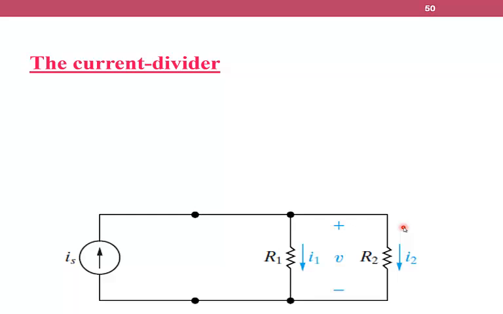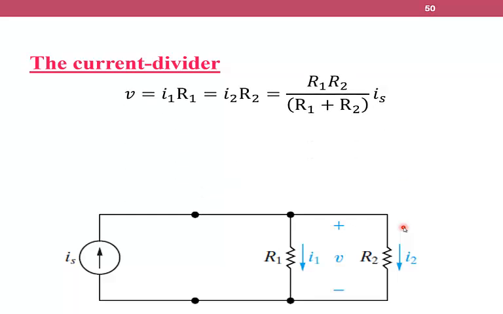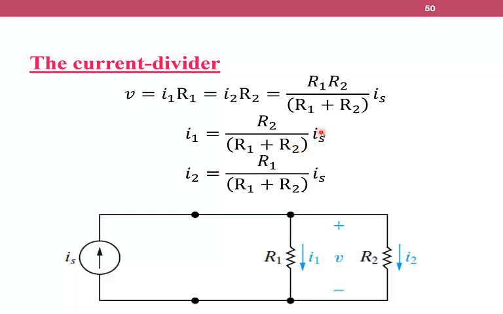And from here, the current divider rule is common. V equal I1 R1 equal I2 R2. As we have agreed that R1 and R2 are connected in parallel, so this is R equivalent multiplied by IS. So I1 equal to R2 over R1 plus R2 multiplied by IS, and same here for I2.